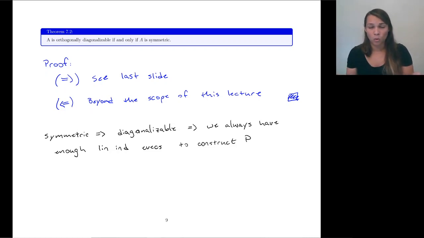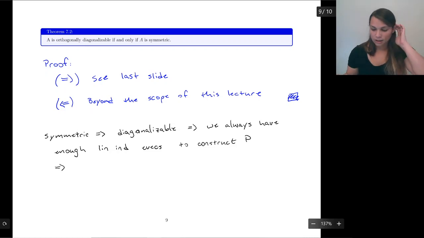It was like lambda equals 1 and lambda equals 1 again. And so it's okay, as long as we can find two linearly independent eigenvectors to go with lambda equals 1 showing up more than once. But sometimes we couldn't always get two linearly independent eigenvectors to go with our multiple values of 1. That has been solved. Symmetric means diagonalizable. So as long as we're symmetric, we're going to have enough linearly independent eigenvectors to construct that P matrix. Otherwise, it wouldn't be diagonalizable.